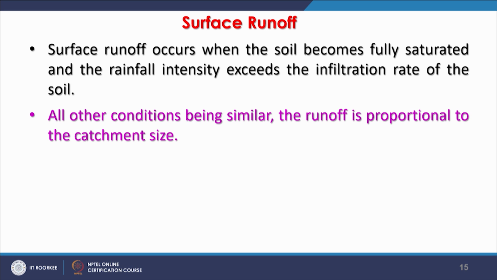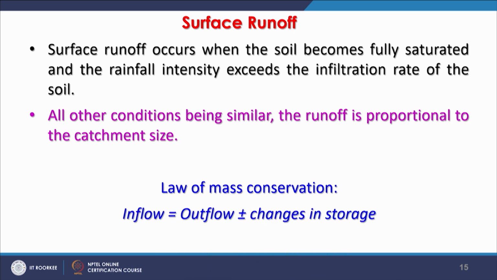All conditions being similar, the runoff is proportional to the catchment size. That is another important thing: the larger the catchment, the more surface runoff it will produce; the smaller the catchment, the less. So, by the law of mass conservation, inflow equals outflow plus or minus changes in storage. We have discussed this in water balancing also.